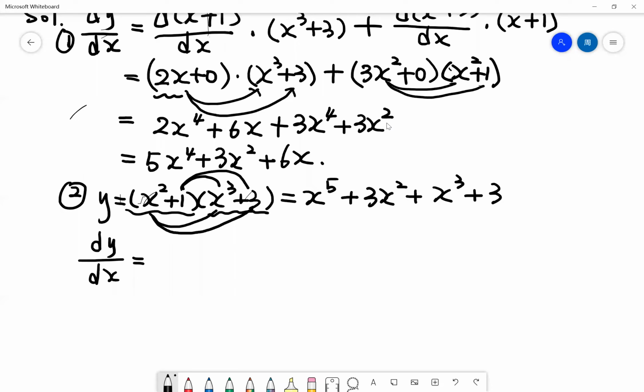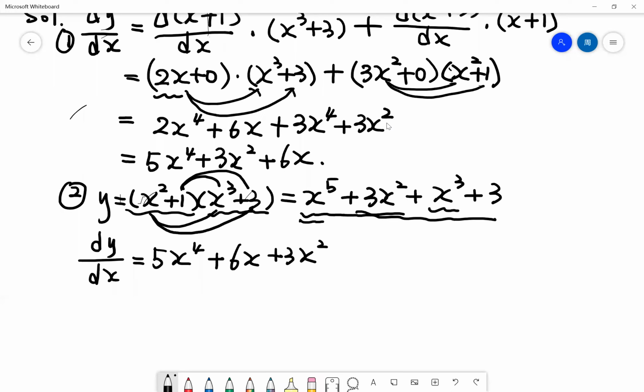So here, that can be dy by dx. We just differentiate this new function part by part. So you can see the first part equals 5x power 4, right? And the second part here, that is 6x, right? And the third part, that is 3x power 2. And finally, the final part, 3 is a constant, so that equals 0.